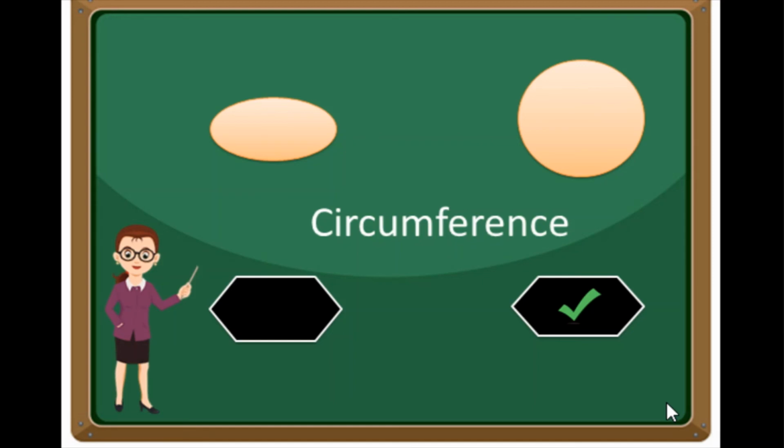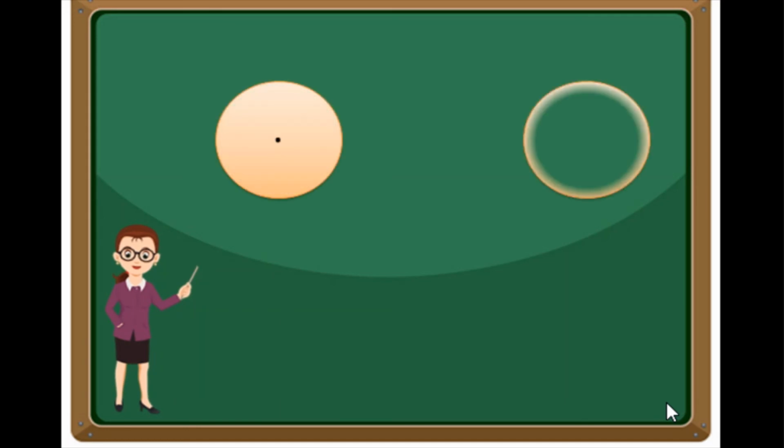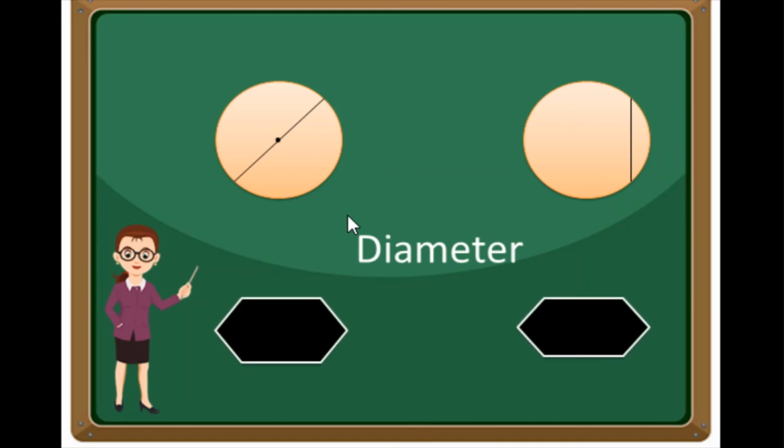Next one. Let's have the correct figure for diameter. Which of the two figures is the correct figure for a diameter? Is it figure 1 or figure 2? Okay, of course, it's figure 1. Great job.